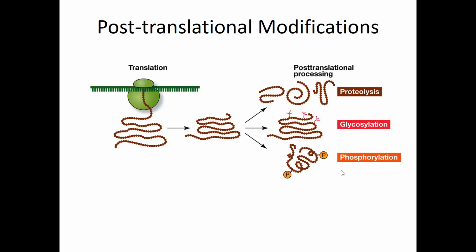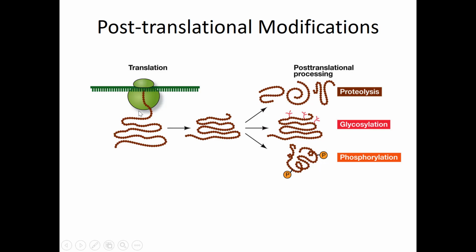All right, so that basically is the end of translation, but there are some post-translational modifications. In fact, it's very common for your primary sequence, your polypeptide, to be modified in many ways before it becomes a functional protein.